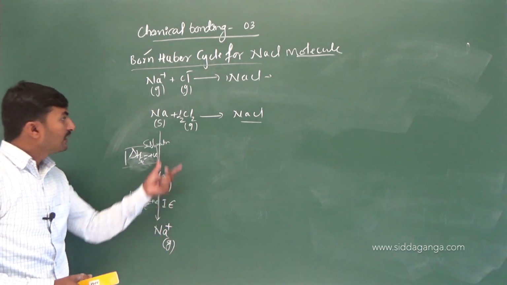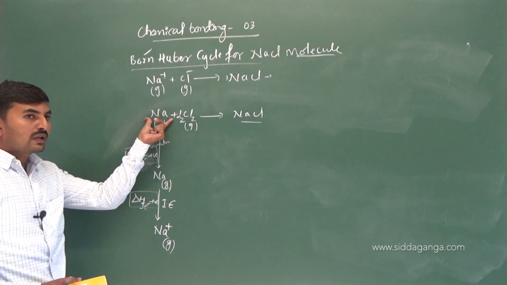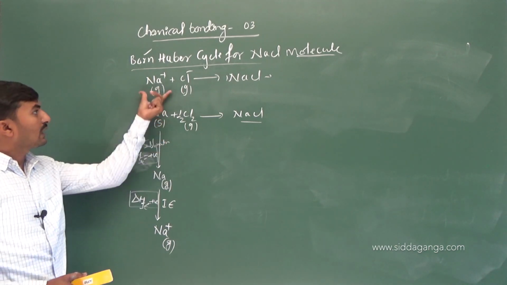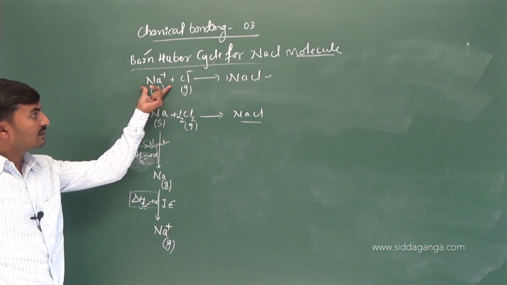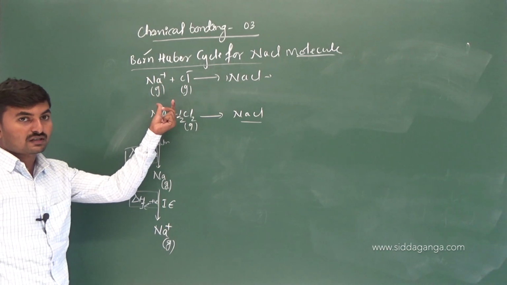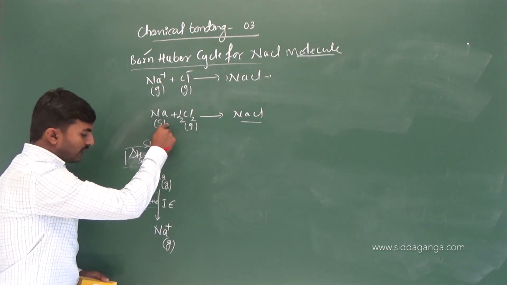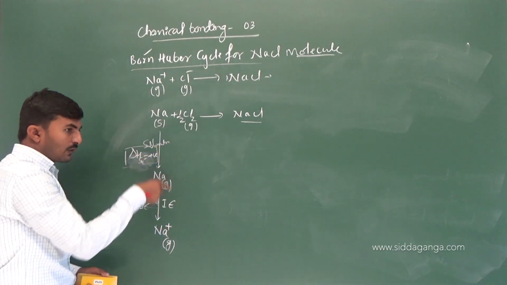Is it clear? Here our aim is to convert the sodium atom present in its solid state into a cationic state in the gaseous state, and we go through these processes.